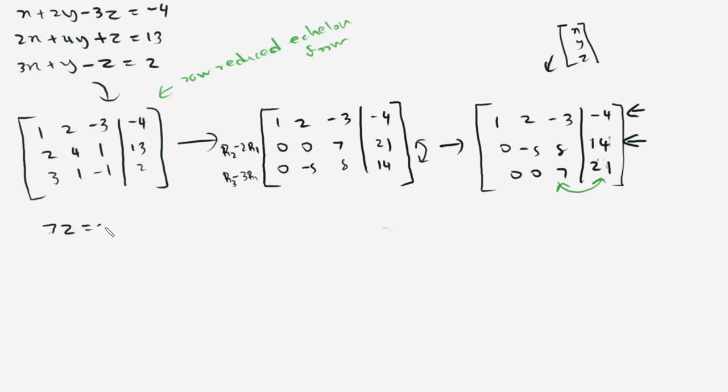So now 7c equals 21, so c will be equal to 3. Then minus 5y plus 8c will be equal to 14, and c will be 3.